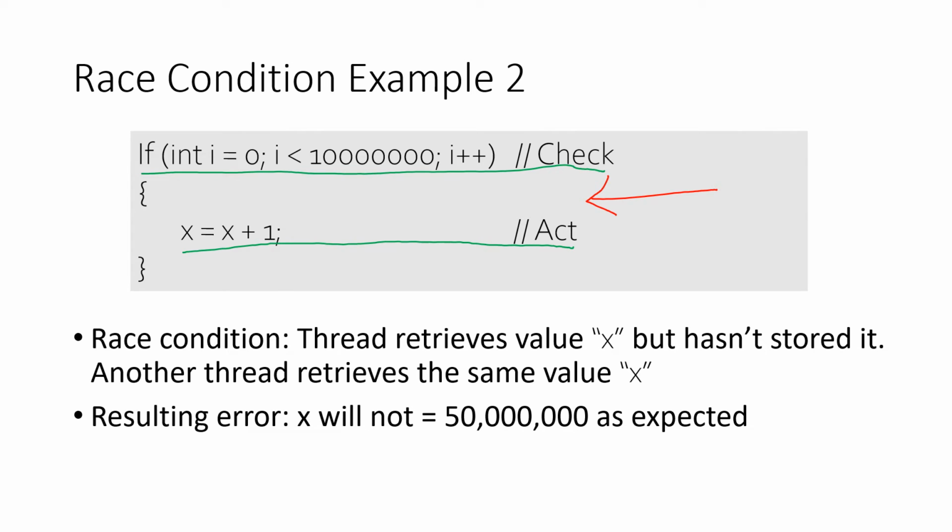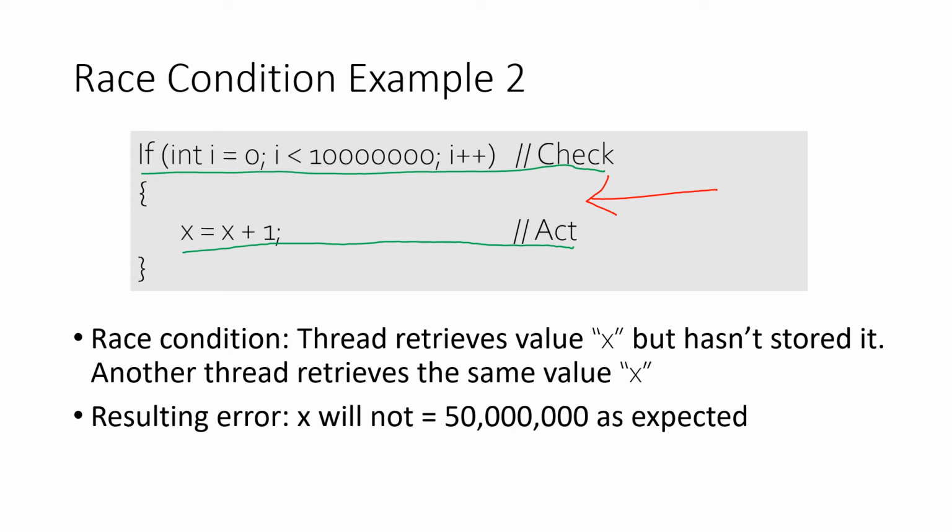So let's say that thread 1 reads x, and let's just say x in this example is the number 7. Thread 1 would execute its act, which is x equals x plus 1, which will now make 7 into 8 being stored for x. But then thread 2 can come along and read the value as still being 7, just because thread 1 hasn't had the opportunity to store the result of its act, which was 8.